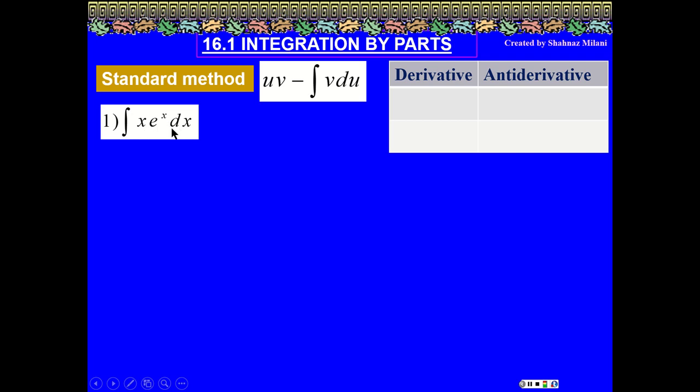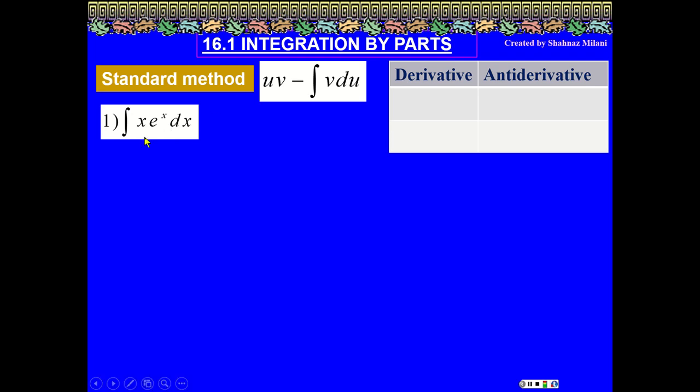In integration by parts, you are going to make your problem a two-part problem. One part, you get the derivative. One part, you get the antiderivative. Now, just look at it. This is the hint I can give you.